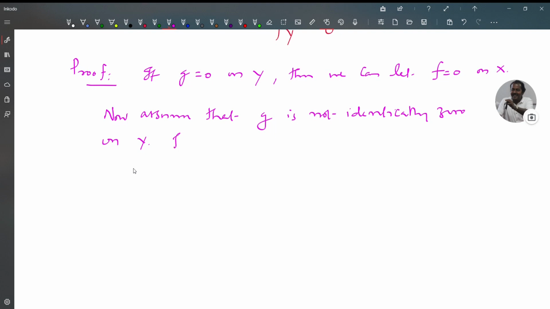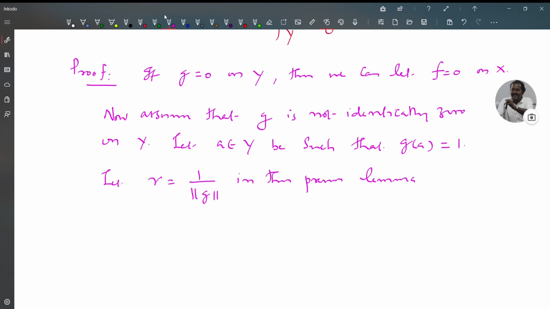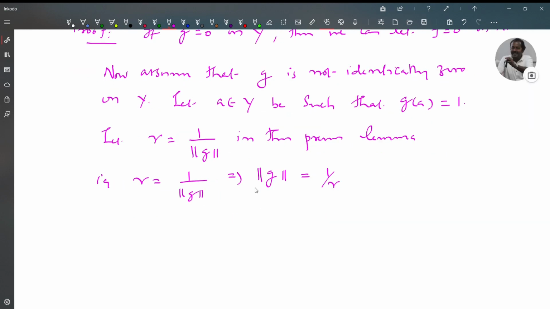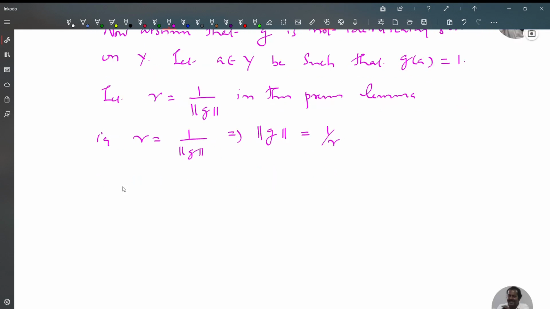Let a belong to Y be such that g of a equal to 1. Now let r equal to 1 by norm g in the previous lemma. That is, r equal to 1 by norm g implies norm g is equal to 1 by r. So we can apply the previous lemma.